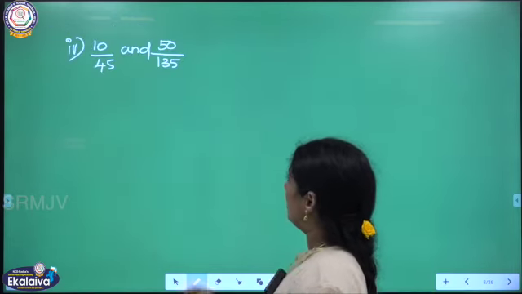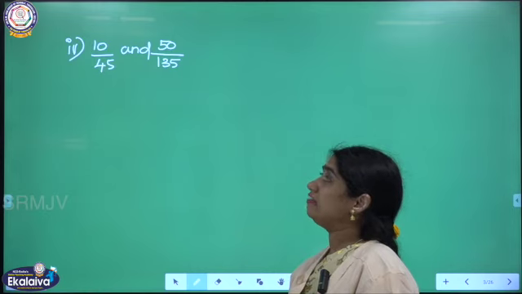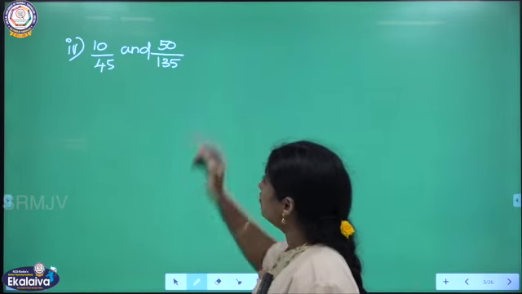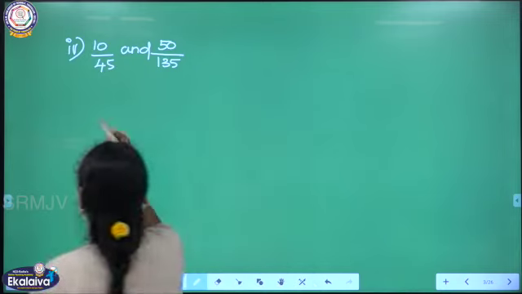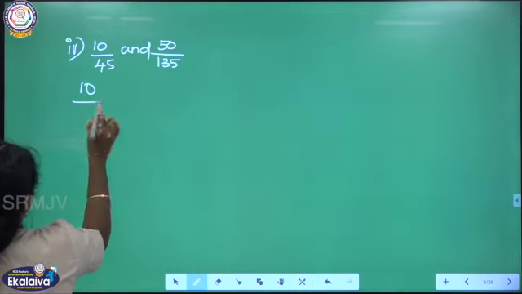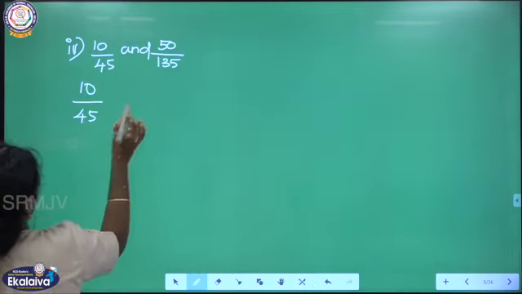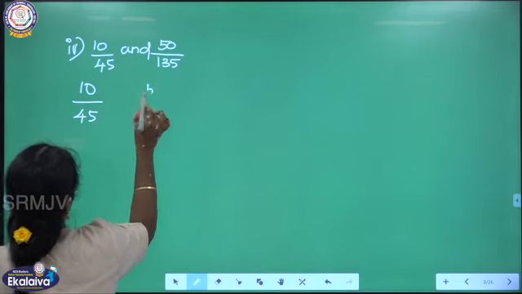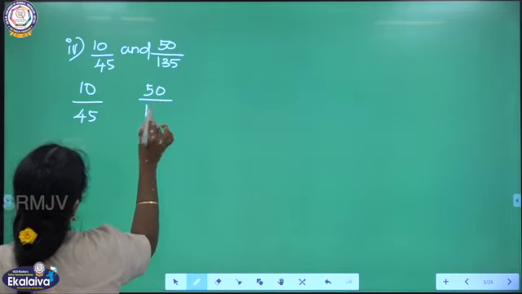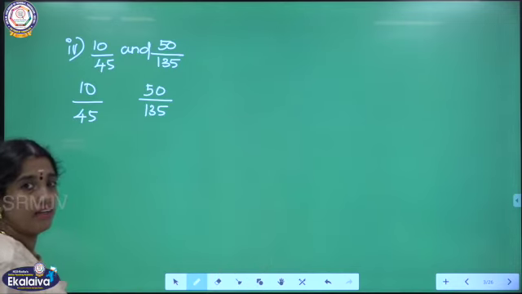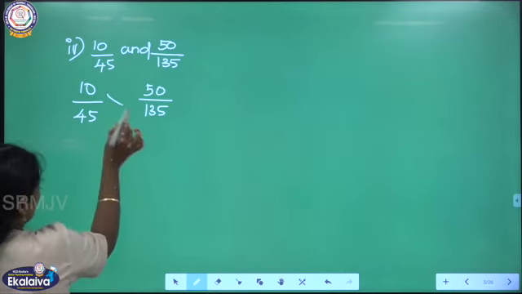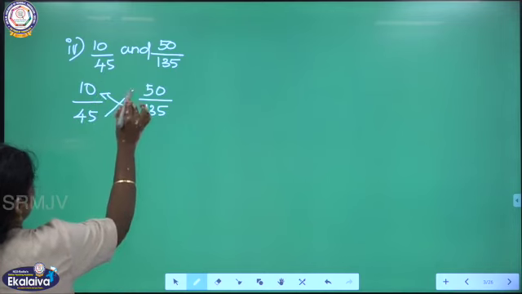Now listen, 10 by 45 and 50 by 135. Just cross multiply the fractions 10 by 45, 50 by 135. These are the two fractions they are given, as it is I have written them, and cross multiply these two.